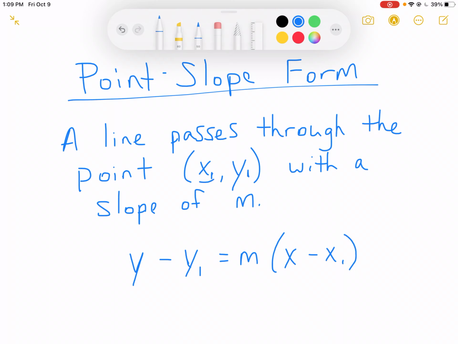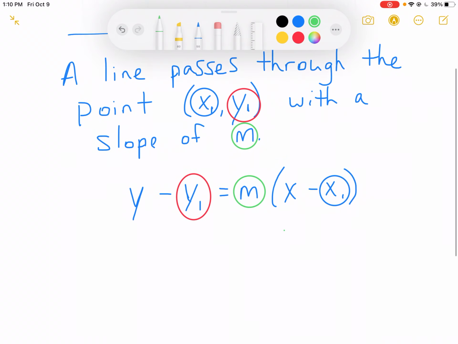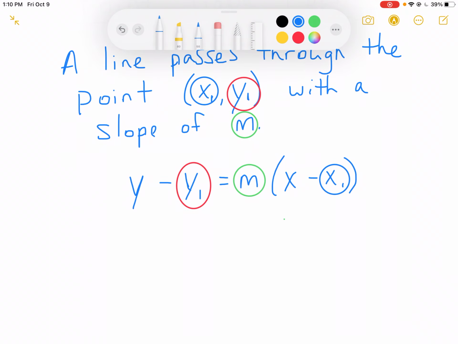So this x will go here, y will go here, and then m, your slope, will go here. Okay? So it's really just plugging numbers in for the most part. Okay, so let's try an example.